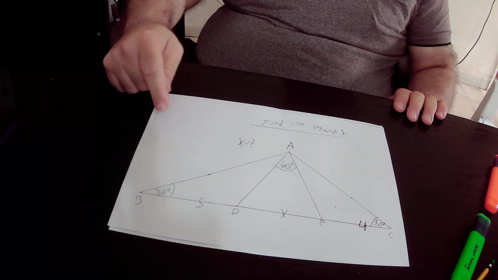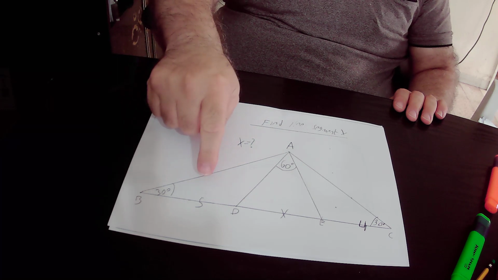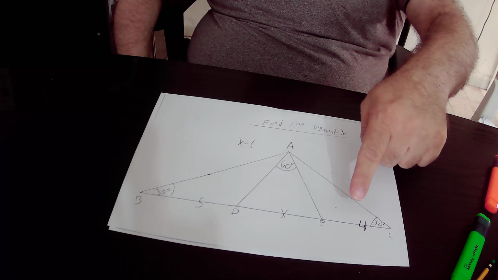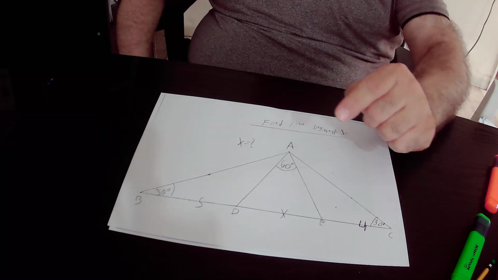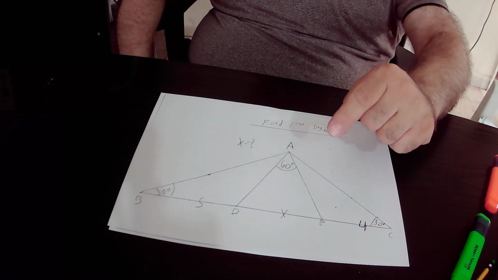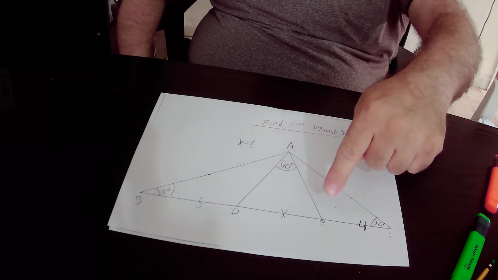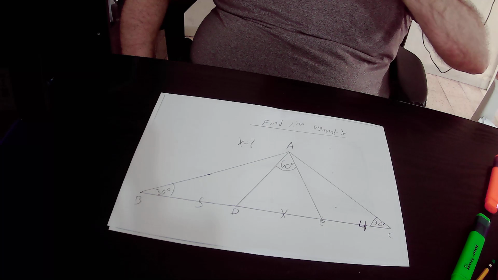And we also know that line segment BD equals 5 units, line segment EC equals 4 units, and our mission is to find the length of line segment DE, which is equal to X.